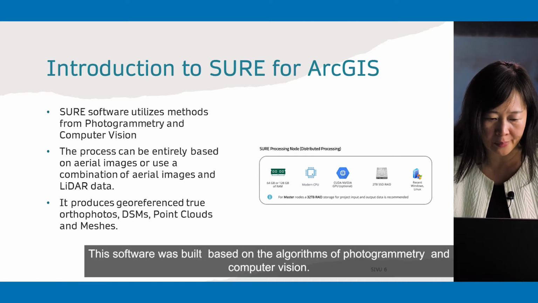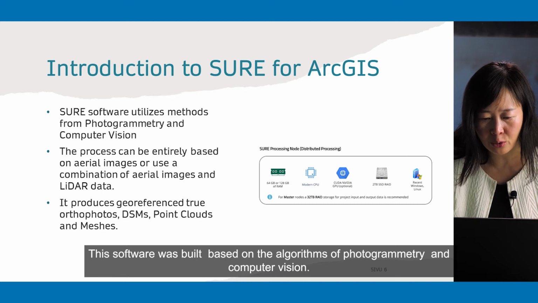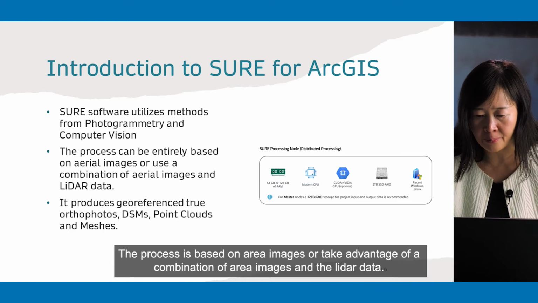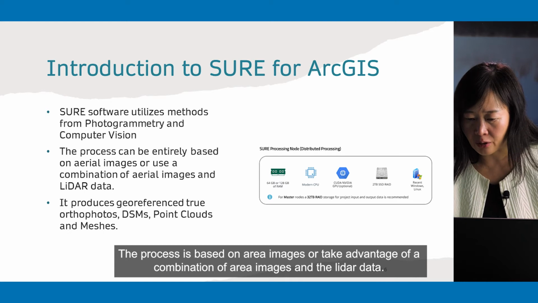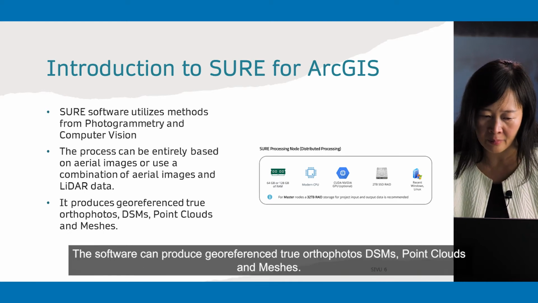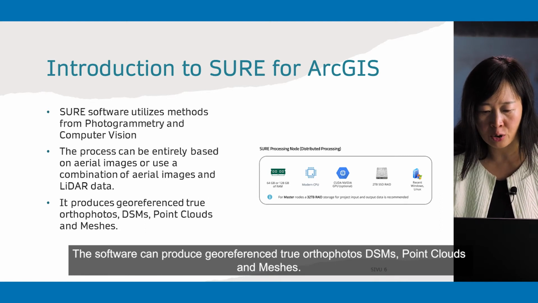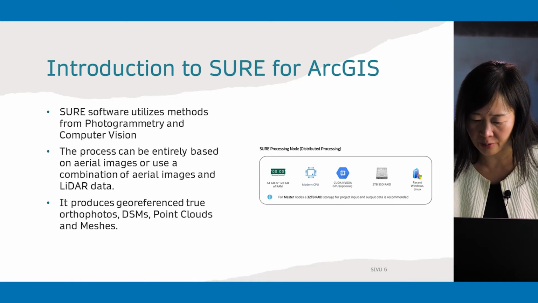This software was built based on the algorithms of photogrammetry and computer vision. The process is based on aerial images or takes advantage of a combination of aerial images and the LiDAR data. So the software can produce geo-referenced true orthophotos, DSMs, point clouds, and meshes.